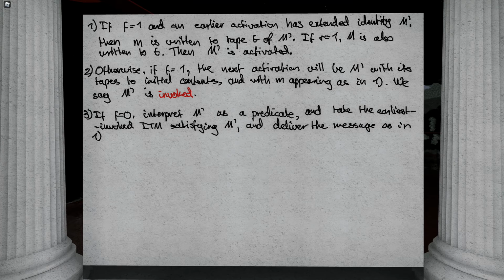As in 1. And if no such machine exists, if we get no matches, then we treat it as a disallowed communication and the initial machine takes over.